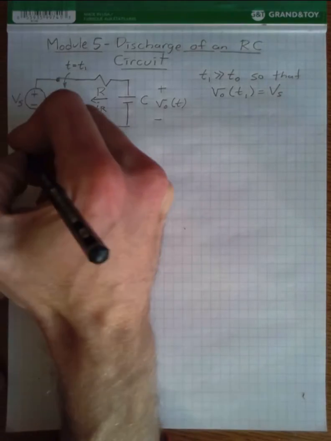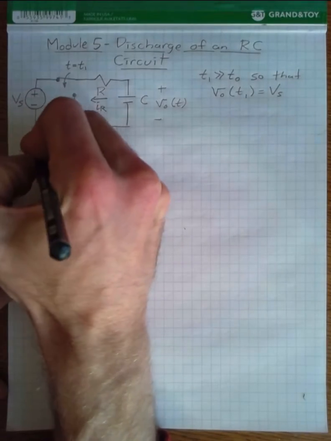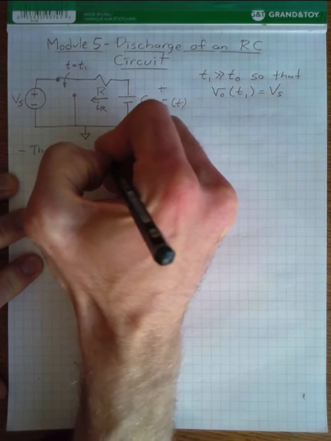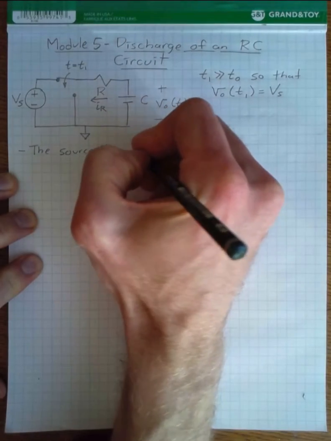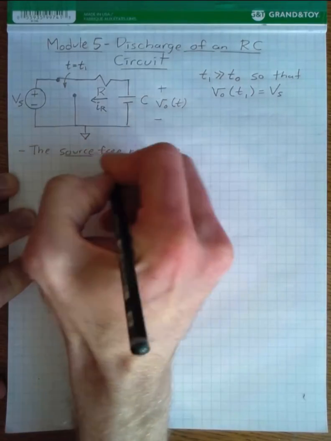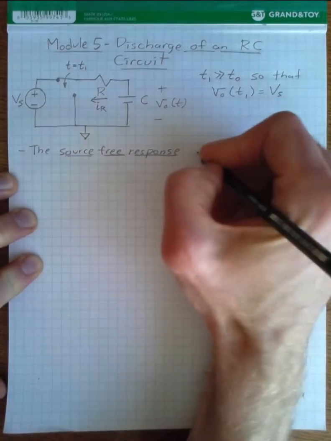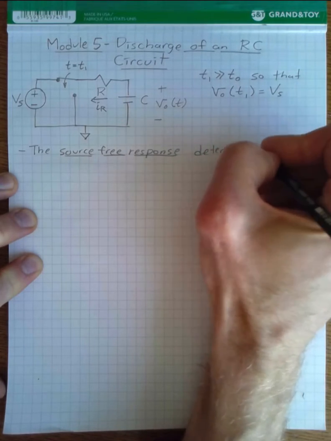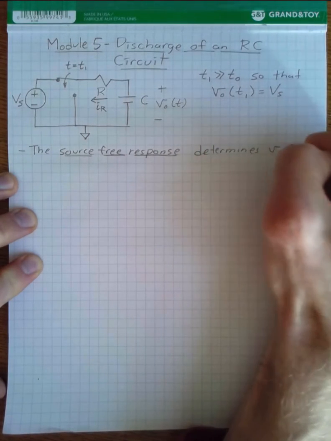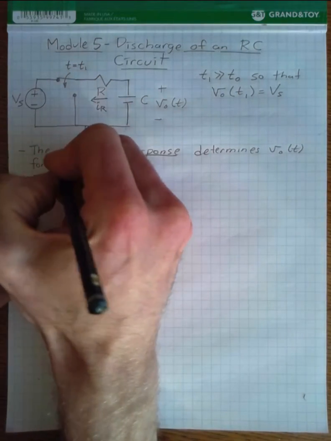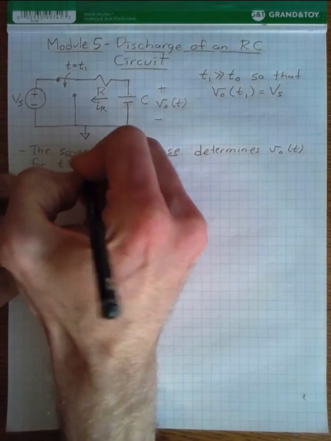So just to be specific about that, the source-free response determines what happens to our output voltage, V0 of t, for the time values greater than or equal to t1.